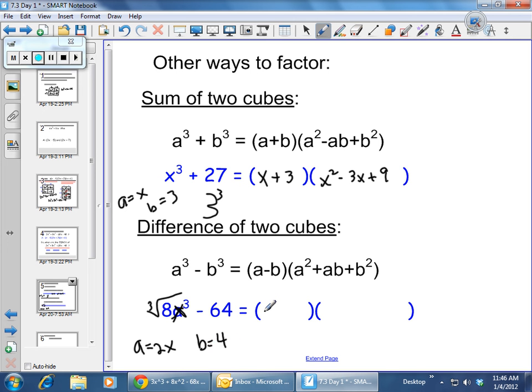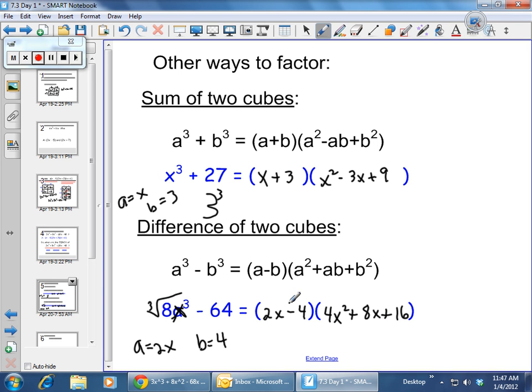Okay, so we'd have 2x minus 4. And then we have a squared, so that'd be 4x squared plus a times b, so 2x times 4 is 8x. And then b squared, so that'd be plus 16.